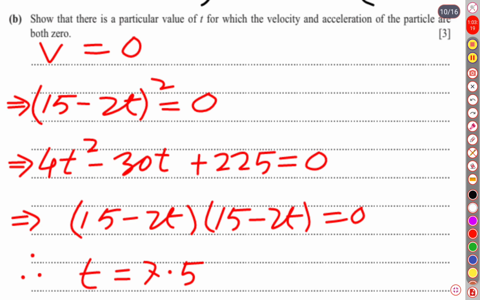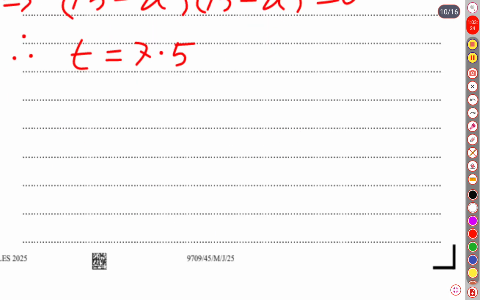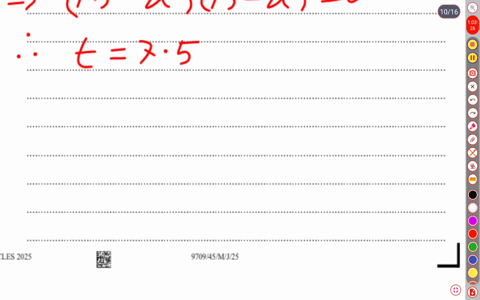Then for acceleration also it should be 0. Okay, let us find the acceleration. v is equal to 15 minus 2t whole squared.